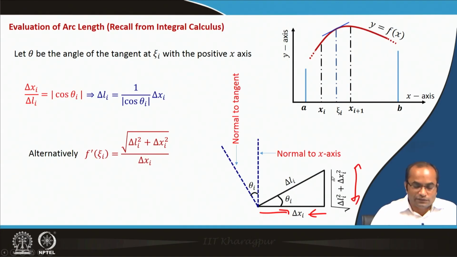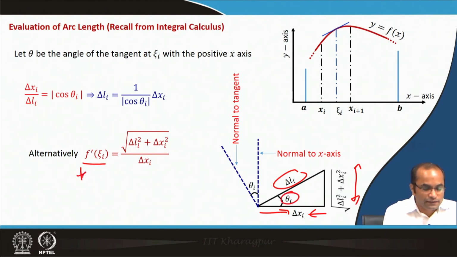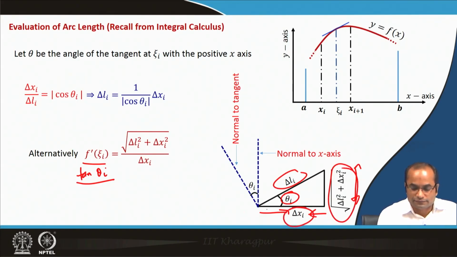So, we have this relation for the derivative, the tangent at this x I. That means tan of theta I, the tangent at this point, is equal to this length, the square root of delta L I square plus delta x I square, divided by delta x I, so divided by this base.